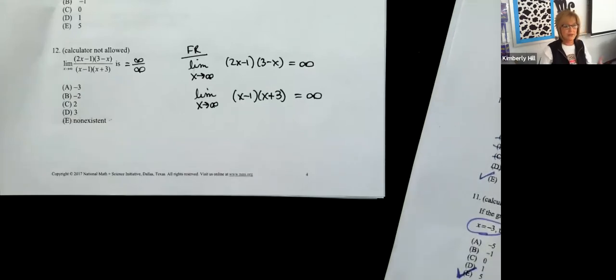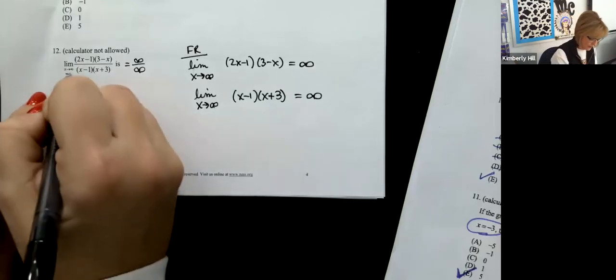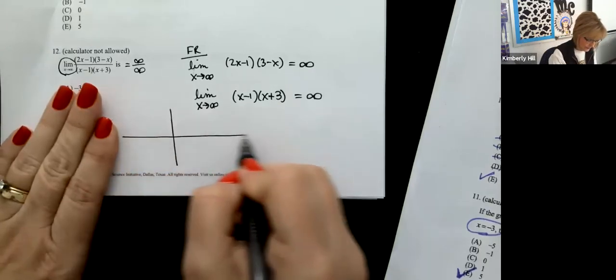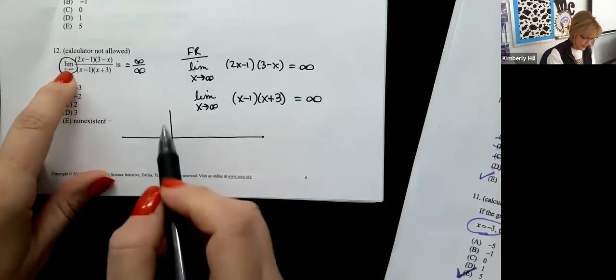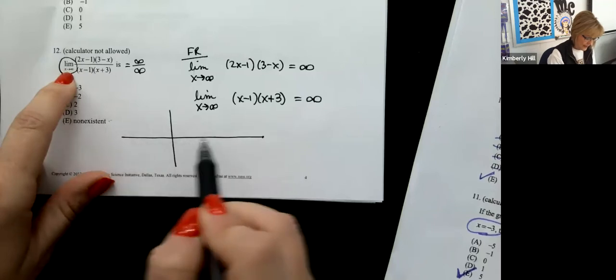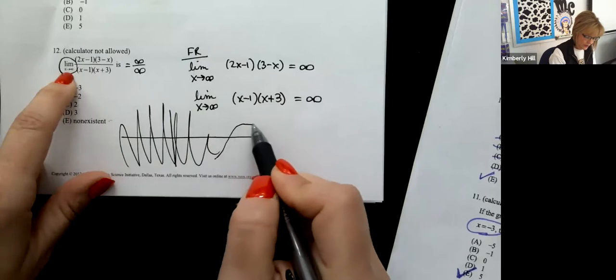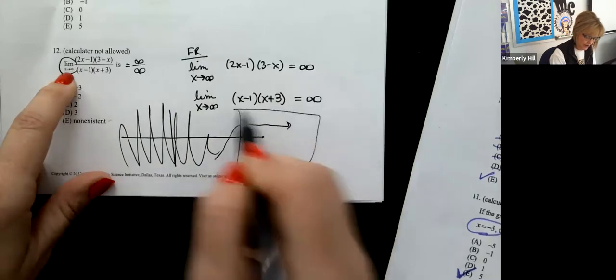Now, at this point, you can do all kinds of things. This is what I would advise my students to do. If I am going to infinity, understanding the relationship between going to infinity and your horizontal asymptotes is really important. So if you think about a graph, and we're looking for the limit as x goes to infinity, all I care about is what it's doing way out here.